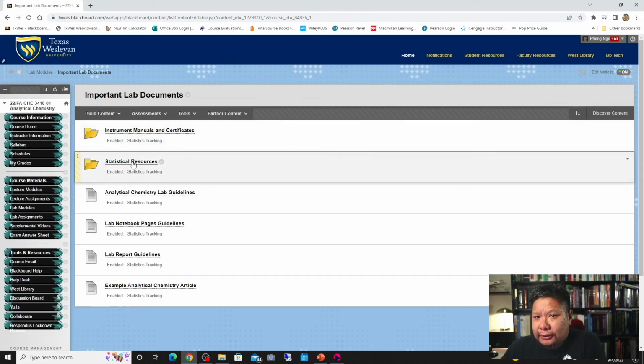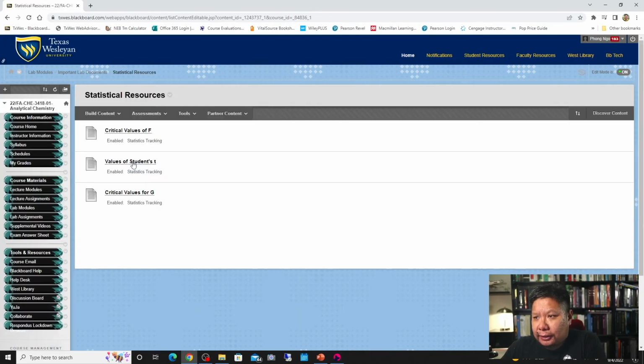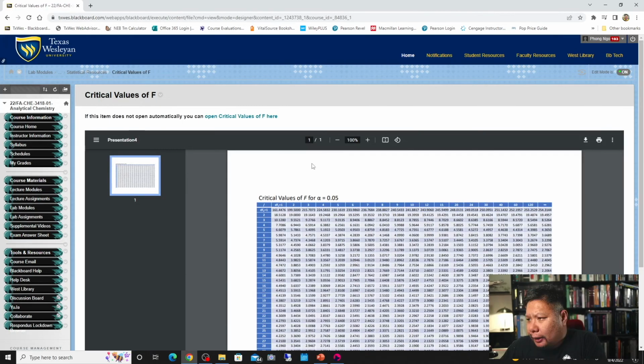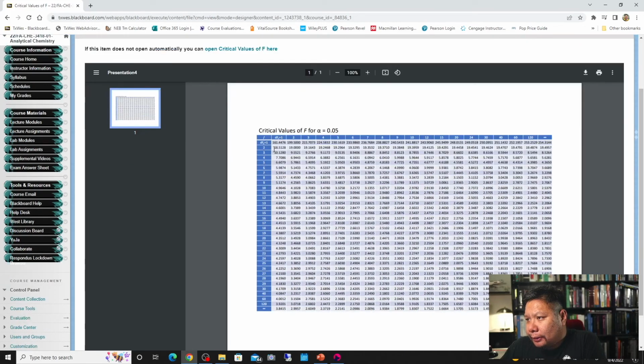And so here under statistical resources, you'll see the critical values of F. You have to look up your value by degrees of freedom.